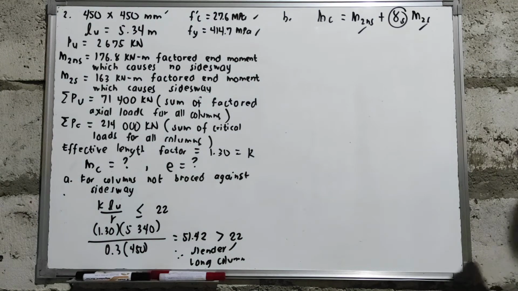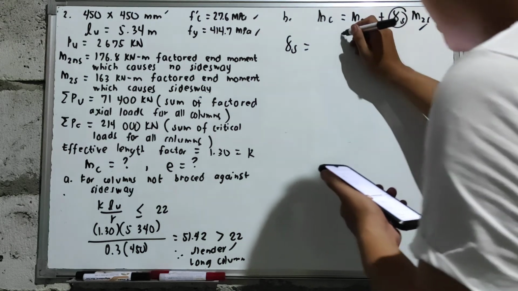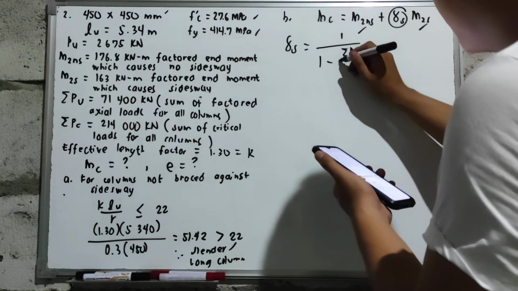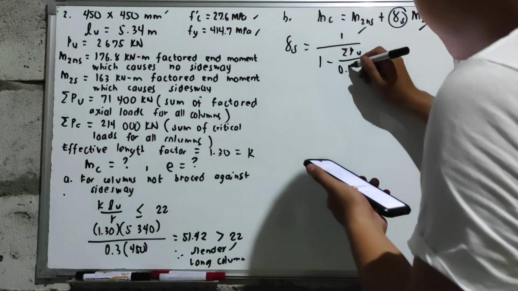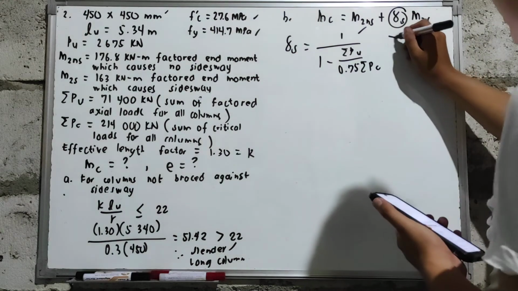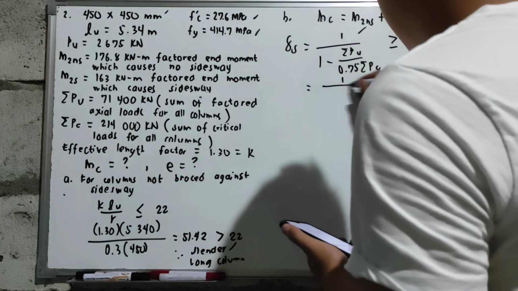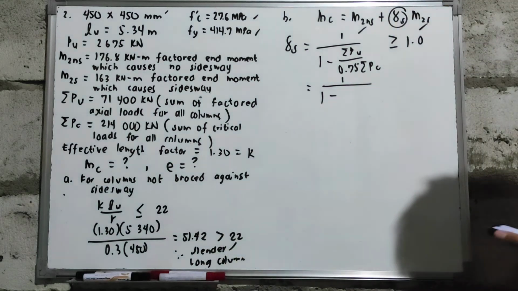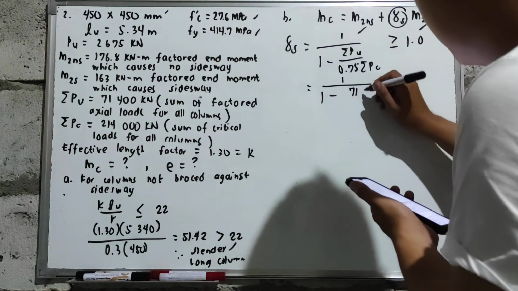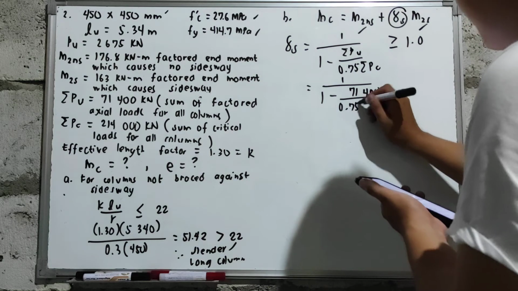And what will be yung formula natin for that? So, yung magnification factor, that is equal to 1 over 1 minus summation of Pu over 0.75 summation of Pc. So according to code, that must be greater than 1.0. So you have 1 over 1 minus summation of Pu, that is 71,400, over 0.75.